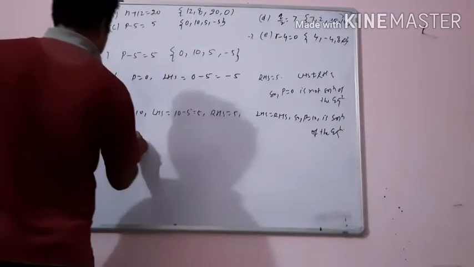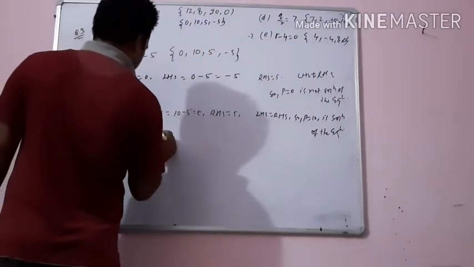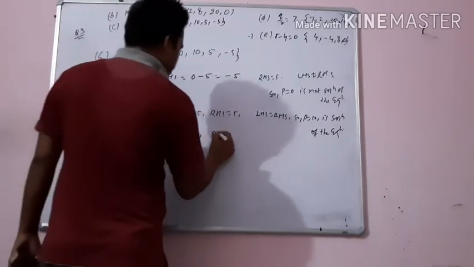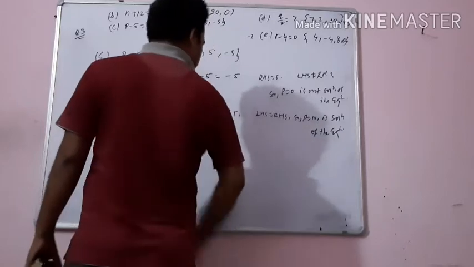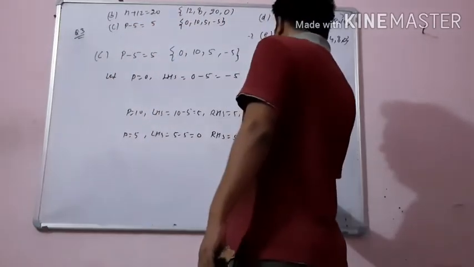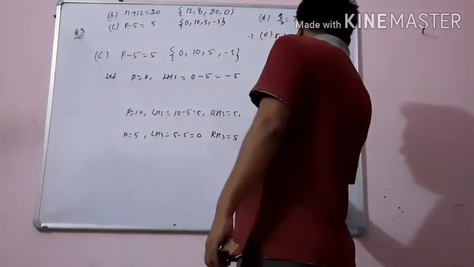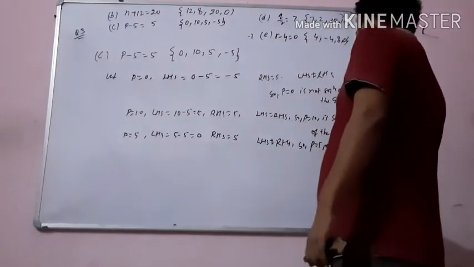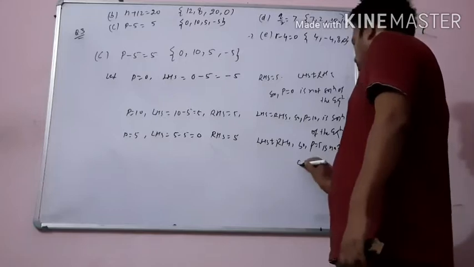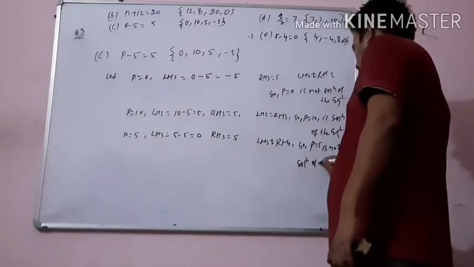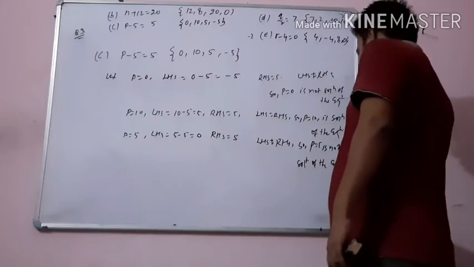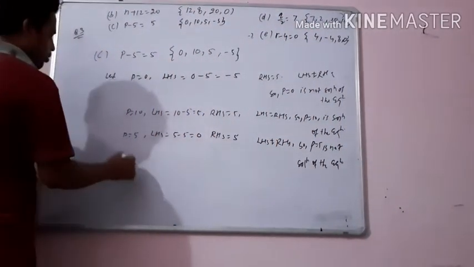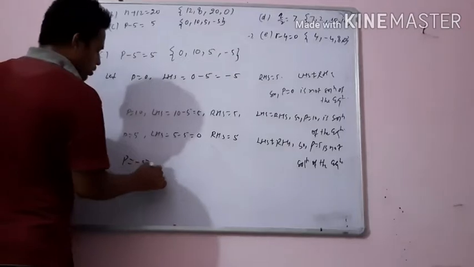Similarly, taking p equals 5, LHS will be 5 minus 5, 0. RHS is 5. LHS not equals to RHS, so p equals 5 is not a solution of the equation. Now take p equals minus 5.